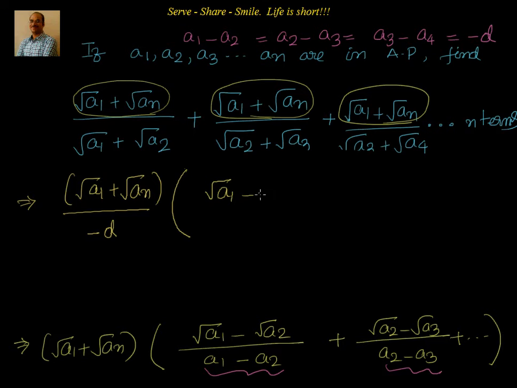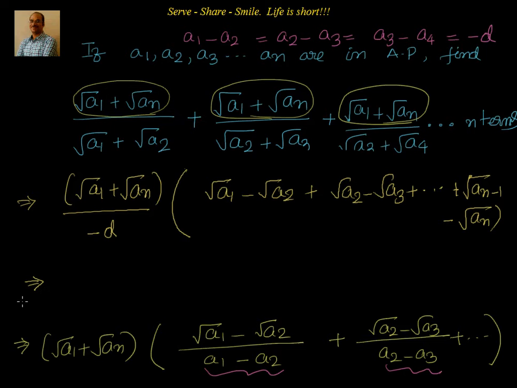Afterwards I will have root of a1 minus root of a2 plus root of a2 minus root of a3, like that it will go, and the last term will be root of an minus 1 minus root of an. That's how it will transform, because we have a1 minus a2, a2 minus a3, and similarly the last term will be an minus 1 minus an.